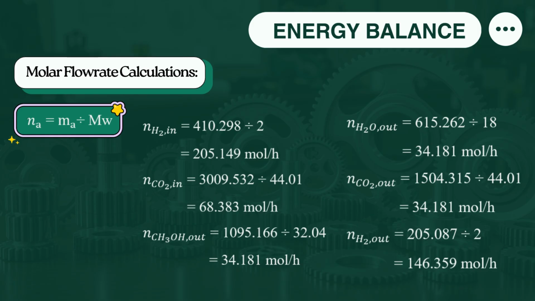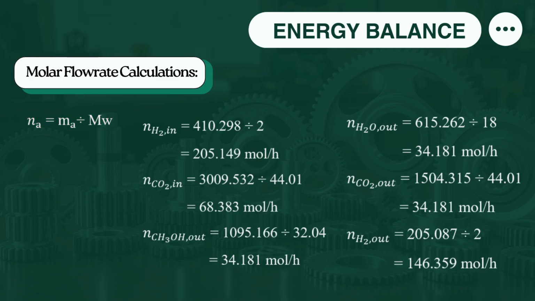From the calculations, I got that the molar flow rate of the hydrogen gas at the inlet is 205.149 mole per hour, while for the carbon dioxide it is 68.383 mole per hour, and the methanol at the outlet has 34.181 mole per hour as its molar flow rate, while the water is 34.181 mole per hour, and the carbon dioxide is also 34.181 mole per hour.